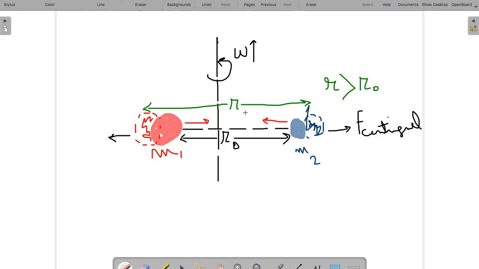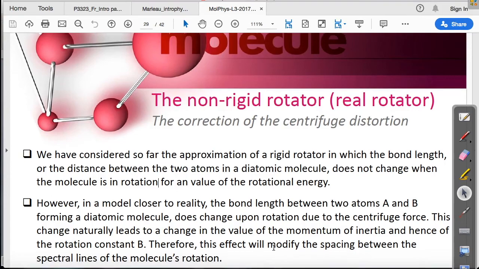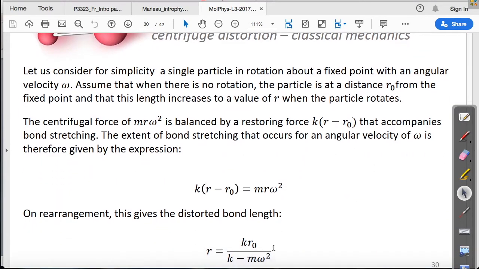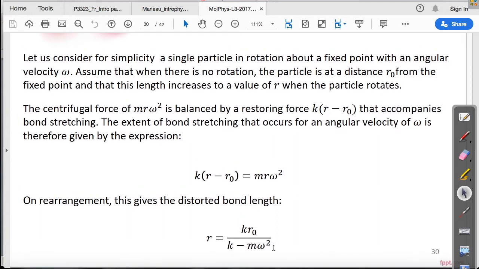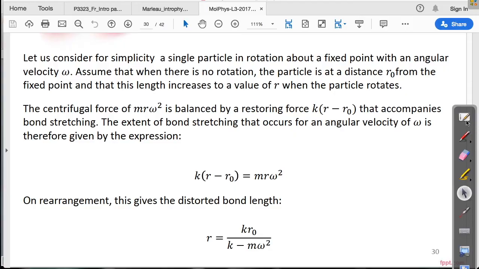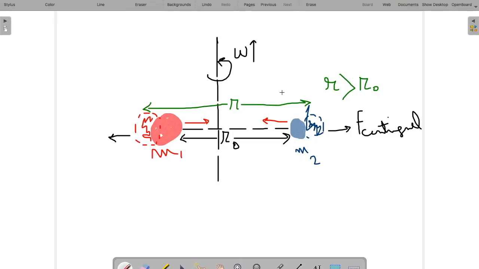Let me recall the exact name of it. It's the restoring force. Yeah, that's the term. So there is a force here, F restoring.